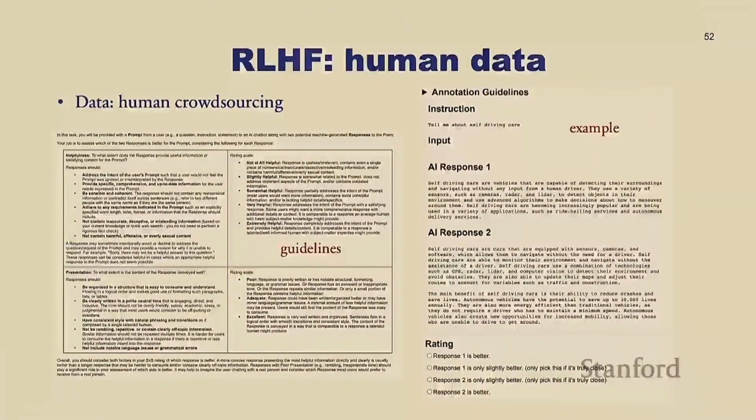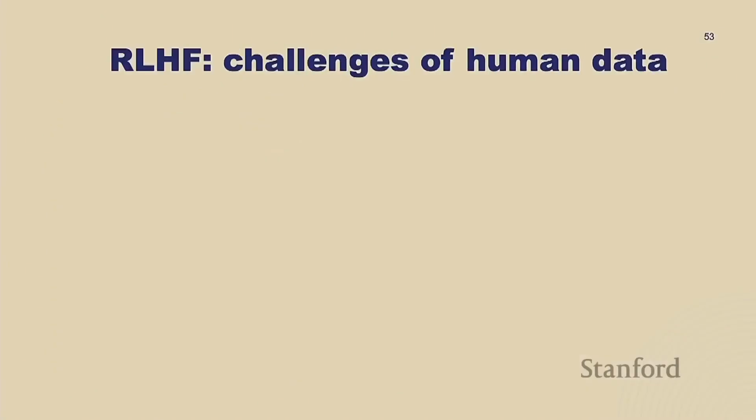As a result, the problem with humans is that you will start optimizing a lot of high-level features. For example, the second one is longer. I can guarantee you that most humans will choose the second one, even though maybe the first one is better. I don't know, I haven't read it carefully. So challenges with humans: first, it's slow and expensive.